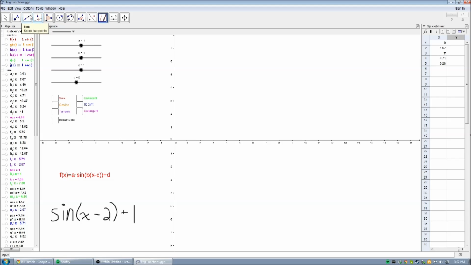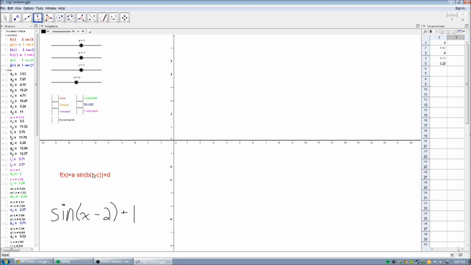So what this tells me, I'm going to create a perpendicular line. What this tells me is that I'm going to have a vertical shift of 1 and a horizontal shift of 2. So a vertical shift of positive 1 and a horizontal shift of 2.